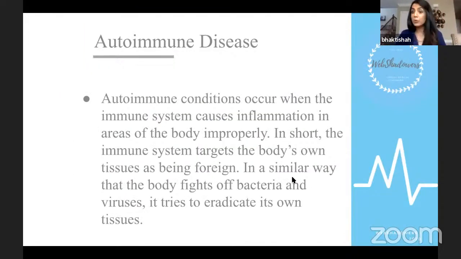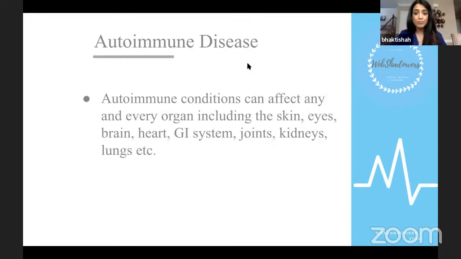Well, what are autoimmune conditions? Autoimmune conditions occur when essentially your immune system causes inflammation in areas of the body improperly. So in short, the immune system is targeting its own body tissues as being foreign. In a similar way to how our body fights off bacteria and viruses, your body is now starting to see your own cells and tissues as foreign, so it tries to eradicate those as well.